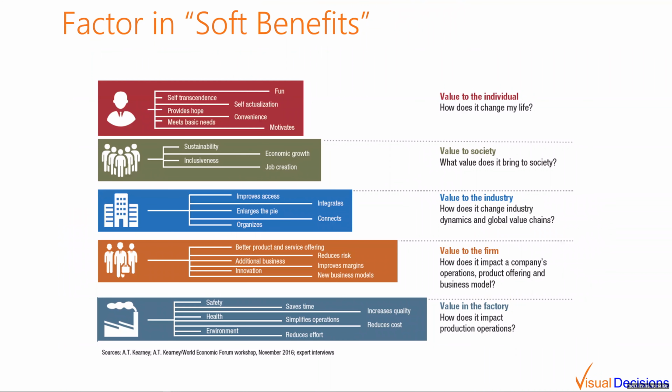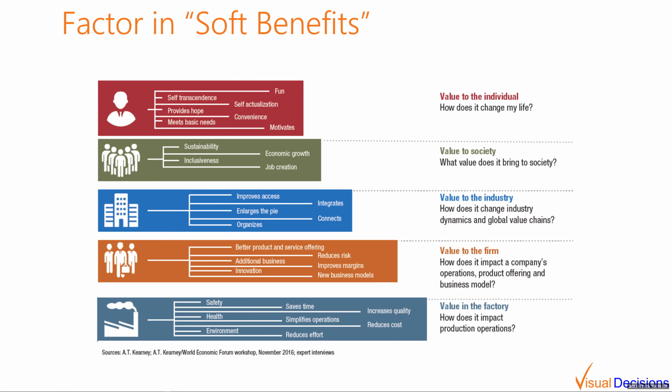And part of that is understanding the soft benefits, right? As the individual, how does it really impact the people in the process? Does this make their job more fun? Are there ways that we can help motivate people, gamify things and so forth?